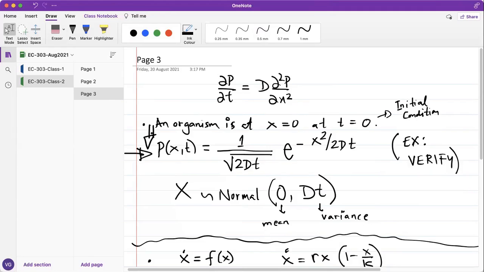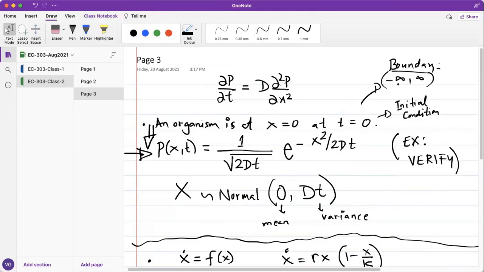For example, I'm not only assuming this initial condition, I'm also assuming something called a boundary condition. I'm assuming you can go all the way from minus infinity to plus infinity, so the boundary where the animals can move is infinitely large.